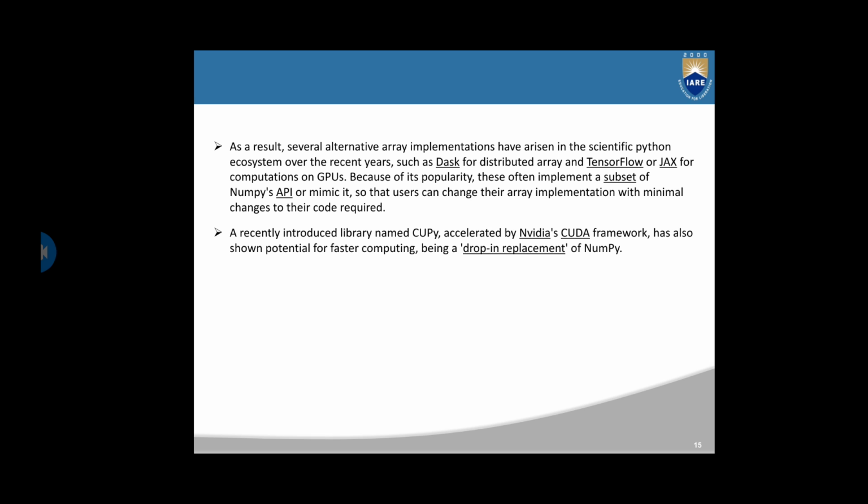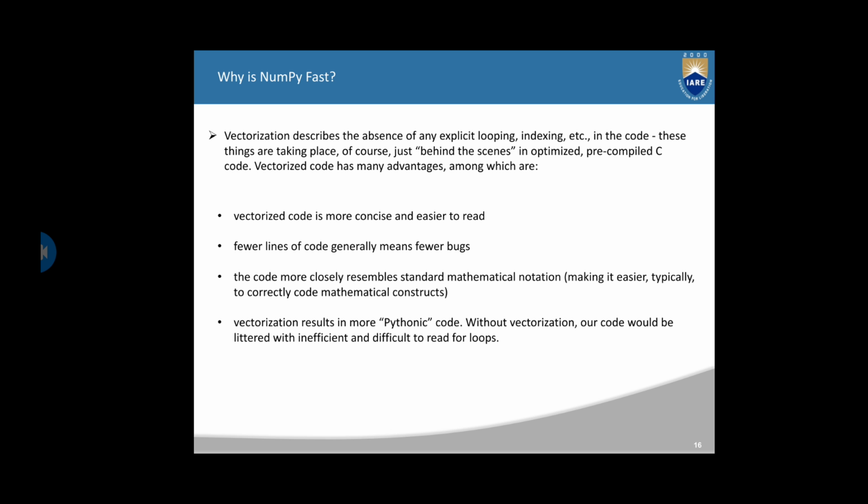Because of its popularity, these often implement a subset of NumPy's API or mimic it so that users can change their array implementation with minimal changes to their code required. A recently introduced library named CuPy, accelerated by NVIDIA's CUDA framework, has also shown potential for faster computing, being a drop-in replacement of NumPy.